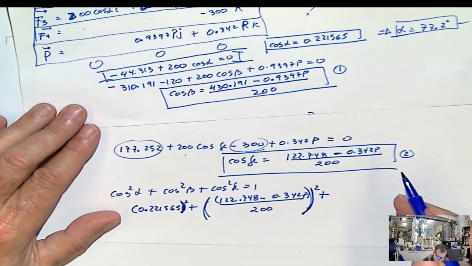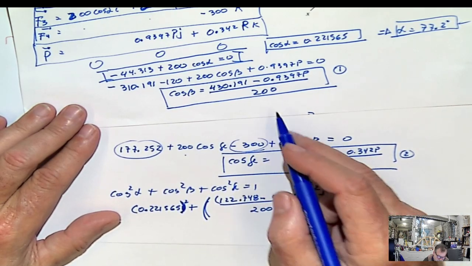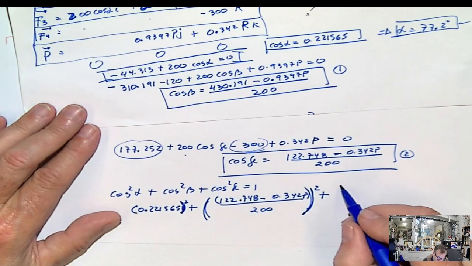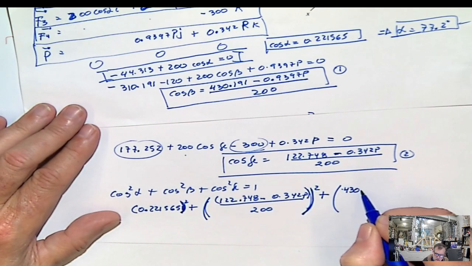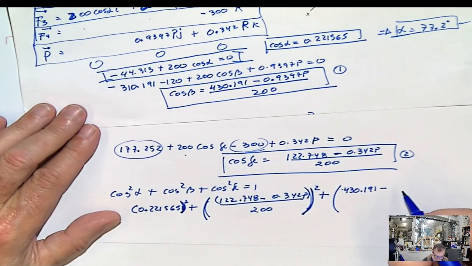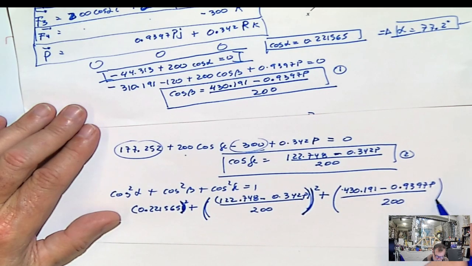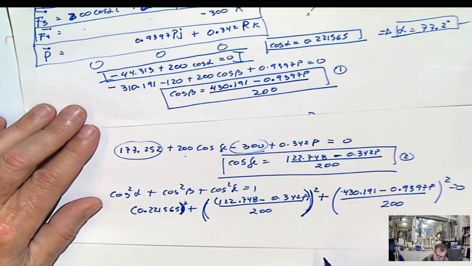Oh, I wrote it wrong, this is cosine square gamma, so I'm going to put cosine square beta. You see, this shows you that I'm doing this live and not reproducing any paper or any problem. I didn't solve it before. 122.748 minus 0.342P divided by 200 square equals 0.